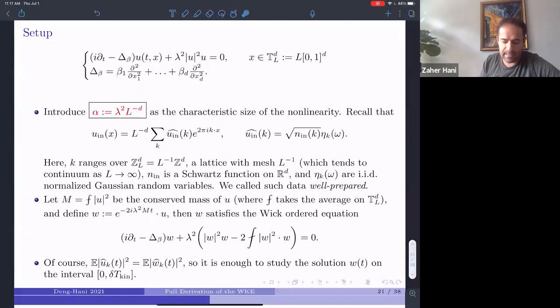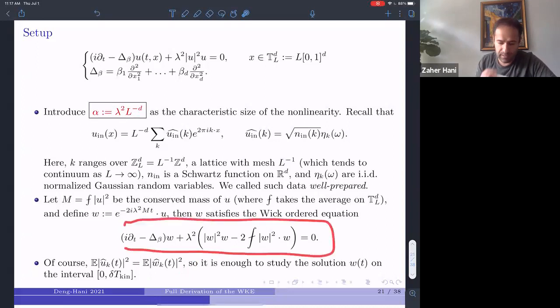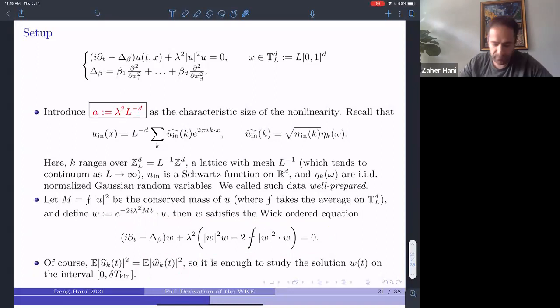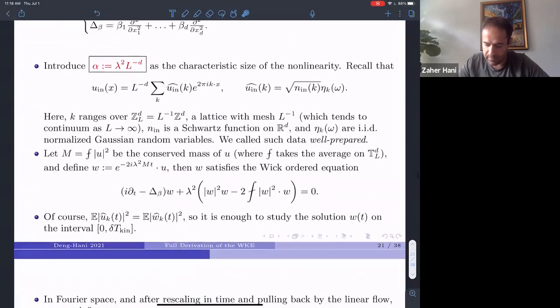Of course, this does not affect our proof at all, because the expected value of the modulus squared of u hat at k is equal to the expected value of the modulus squared of w hat at k. So I might as well prove the result for the equation satisfied by w rather than the equation satisfied by u, because they only differ by a phase factor. And when you take the absolute value, this is gone.